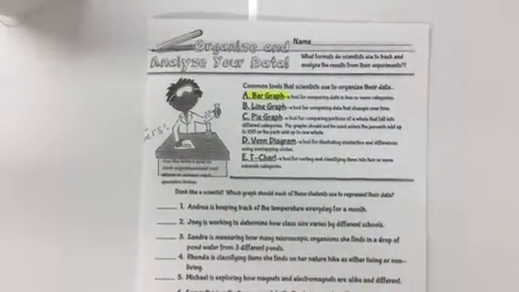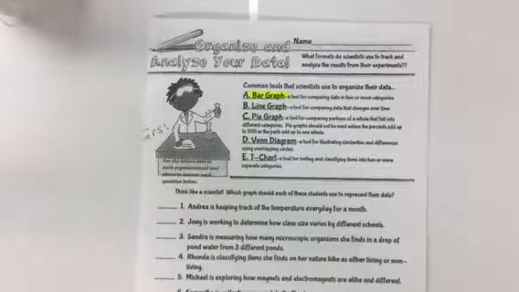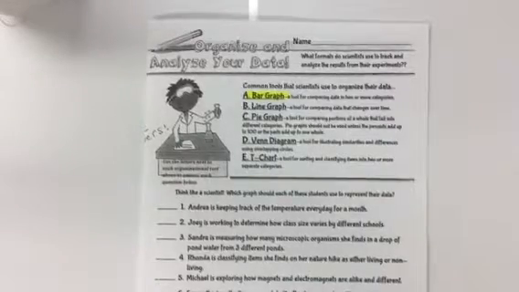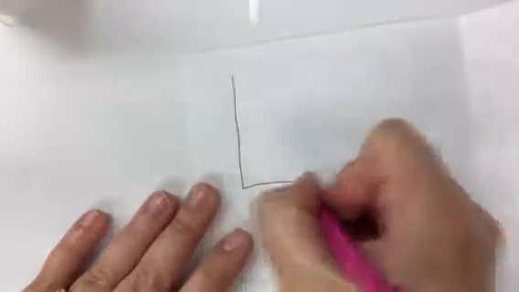Somebody read me what a bar graph is used for. Levi. For comparing data in 2 or more categories. Okay, comparing data in 2 or more categories. Raise your hand if you've ever seen a bar graph before. Okay, a bar graph kind of looks like this.